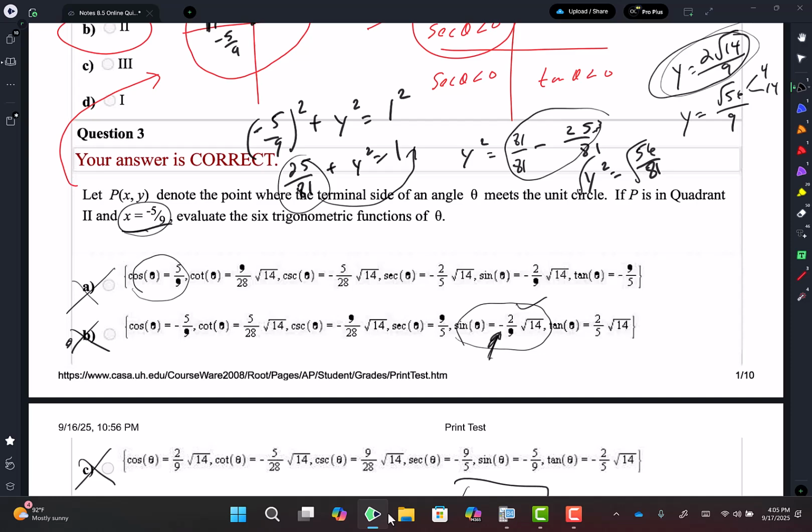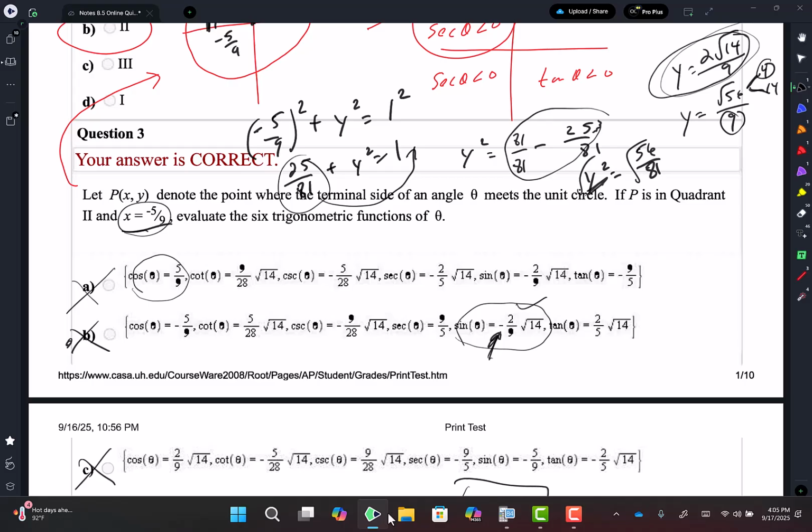So then 81 minus 25 is 56. Common denominator 81. Then I take the square root because I wanted to get y by itself, not y squared. The square root of 81 is 9, and then 56 breaks down to 4 times 14, right? So the square root of 4 is 2, so 2 square root of 14 over 9.